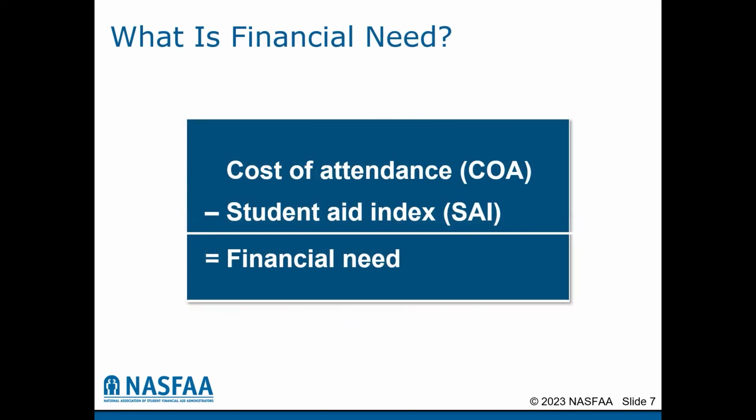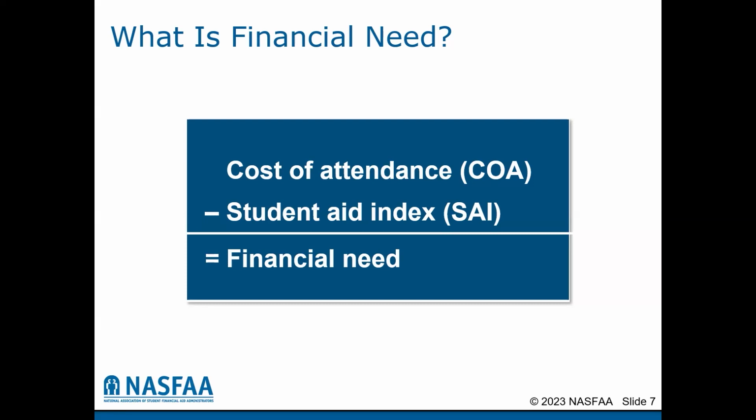By using these two numbers, the cost of attendance and the Student Aid Index, the college or university determines your financial need. The financial need is the difference that remains after the Student Aid Index is subtracted from the cost of attendance.